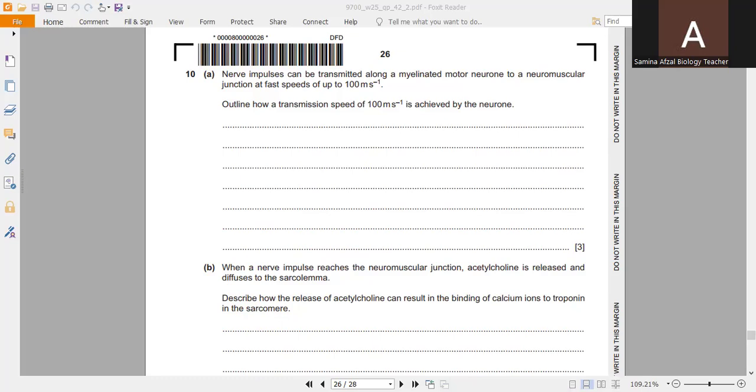Depolarization and action potential can only occur at the gaps in the myelin sheath known as the nodes of Ranvier, where voltage gated ion channels are concentrated. In saltatory conduction, the local circuits jump from one node to the next. This is much faster than the continuous wave of depolarization seen in unmyelinated axons.